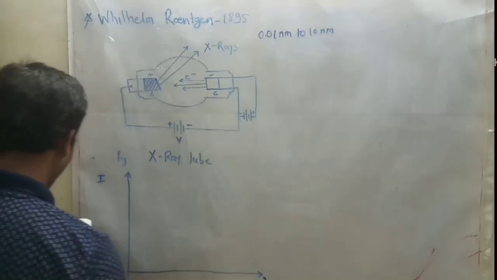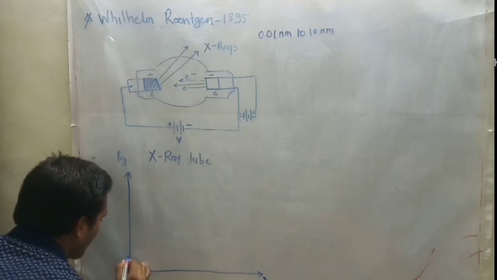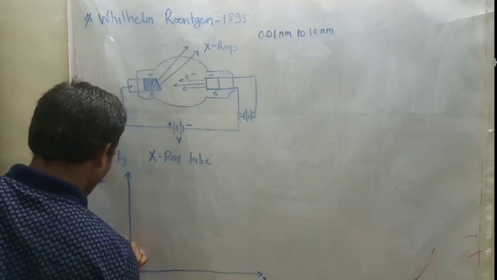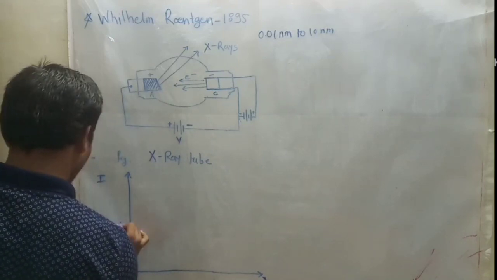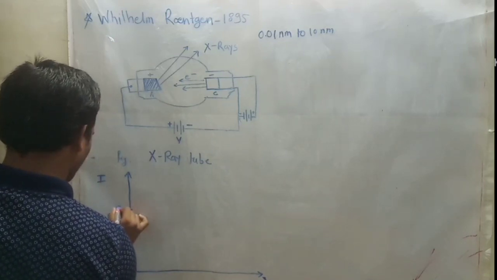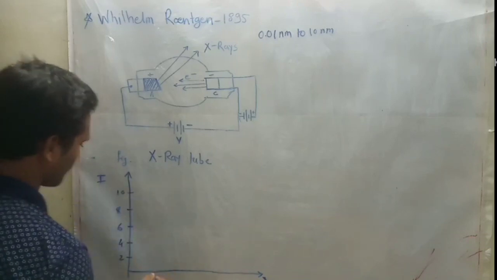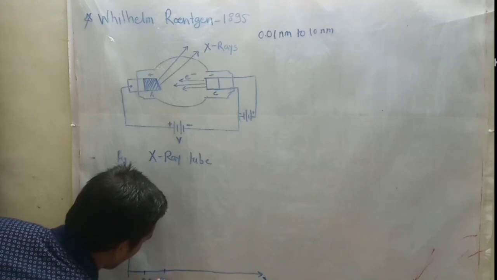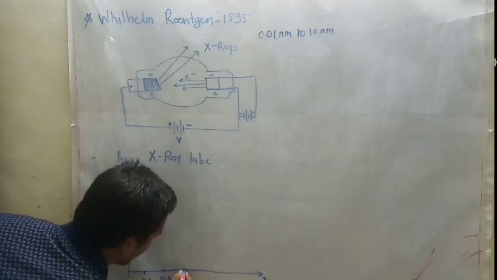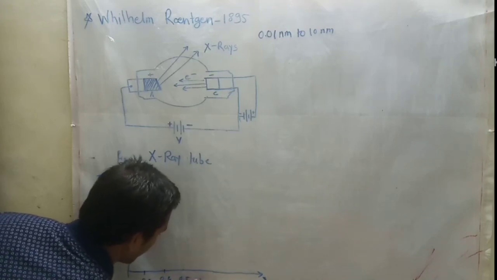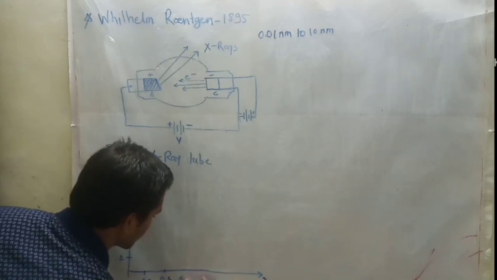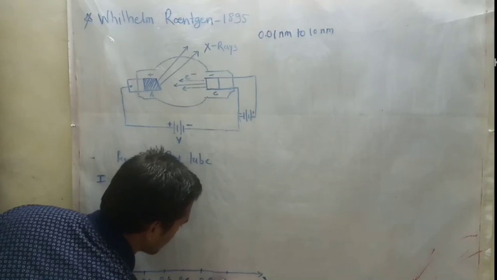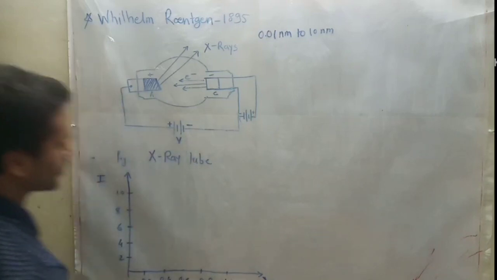Intensity versus wavelength, with wavelength values 0.2, 0.4, 0.5, 0.6, 0.8, 1.0.